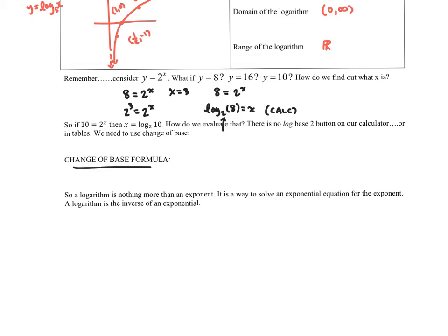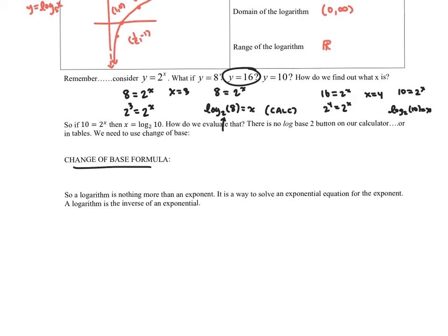I'm kind of skipping over some of this, like if y equaled 16, then x would have to equal 4, because 2 to the 4th equals 16. But how do we figure out 10 is equal to 2 to the x? Because 10 can't be written as a power of 2. So we would write log base 2 of 10 equals x.